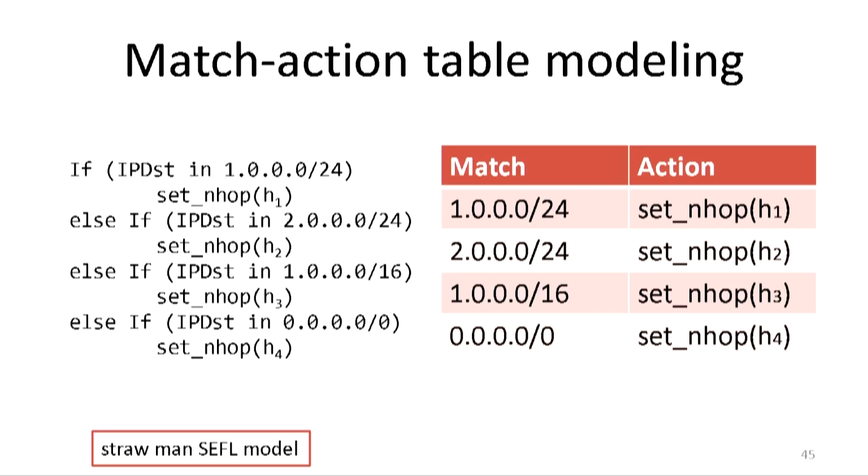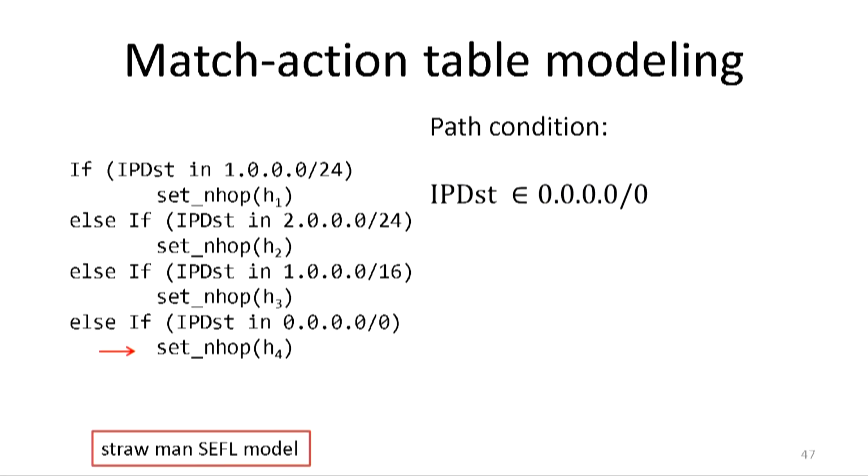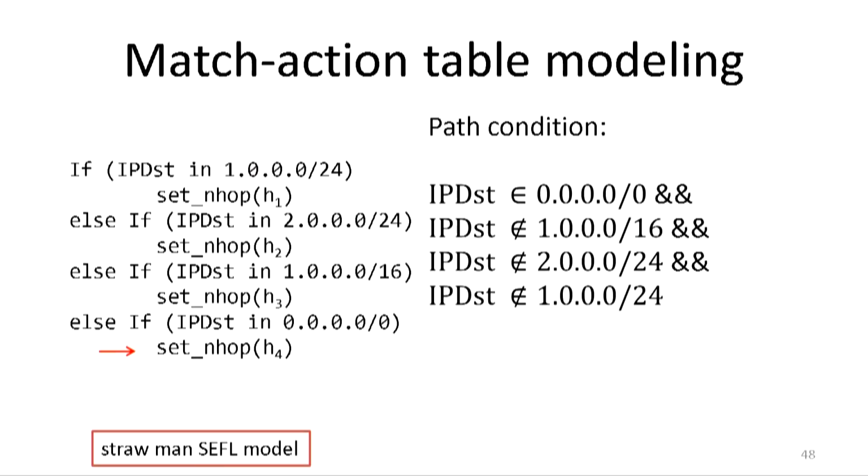And the problem is, if we look at what it takes for the symbolic executor to reach this path, and making a short digression, the symbolic executor will explore all the four possible paths, but let's look at the last one. First of all, it will accumulate the obvious condition that the destination should belong to 0/0, but also all the other previous conditions negated.